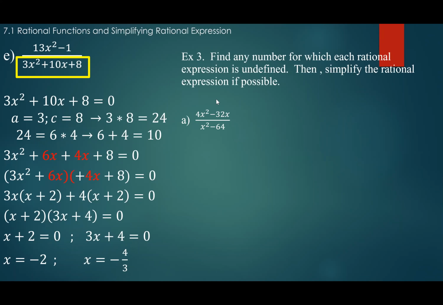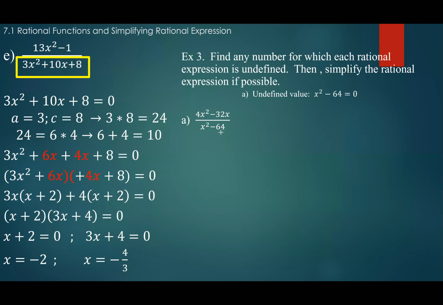How do we find the undefined value? Well, everybody agrees that all we need to do is take the denominator, x squared minus 64, and set it equal to 0.